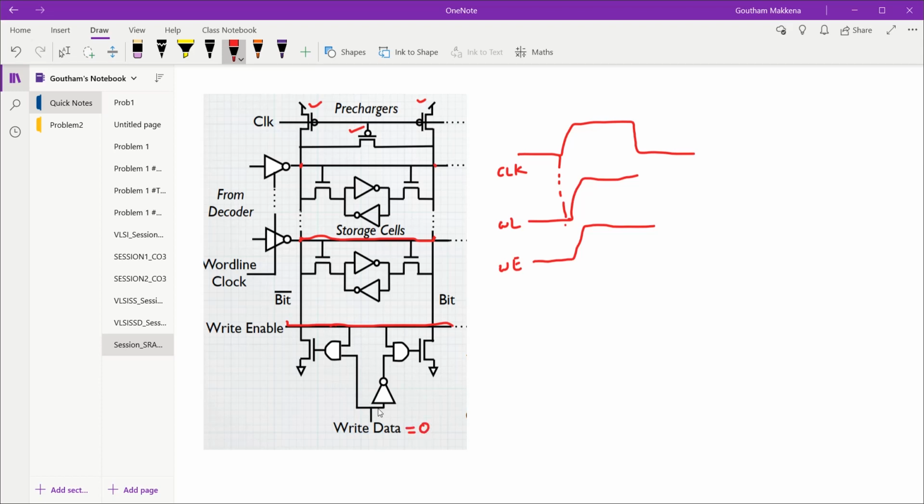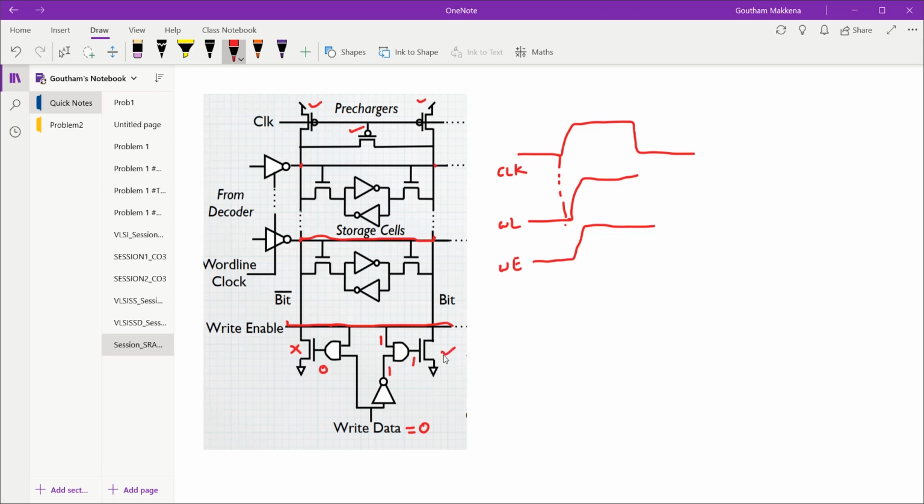This 0 is now ANDed with this 1, so this MOS transistor sees a 0 voltage at the gate and this is cut off. Because write data is 0, this goes through the inverter, this is 1, and write enable is also 1, and 1 AND 1 is 1, so this transistor is on.